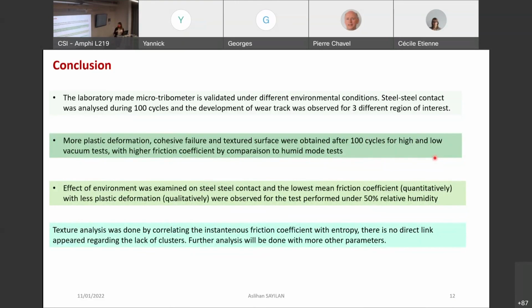There is also the curiosity of the smoother texture of the 50% relative humidity test with the lowest friction coefficient. With the texture analysis, we saw that there could be a correlation between friction coefficient and surface texture by considering entropy, but we are aiming to do some further analysis.